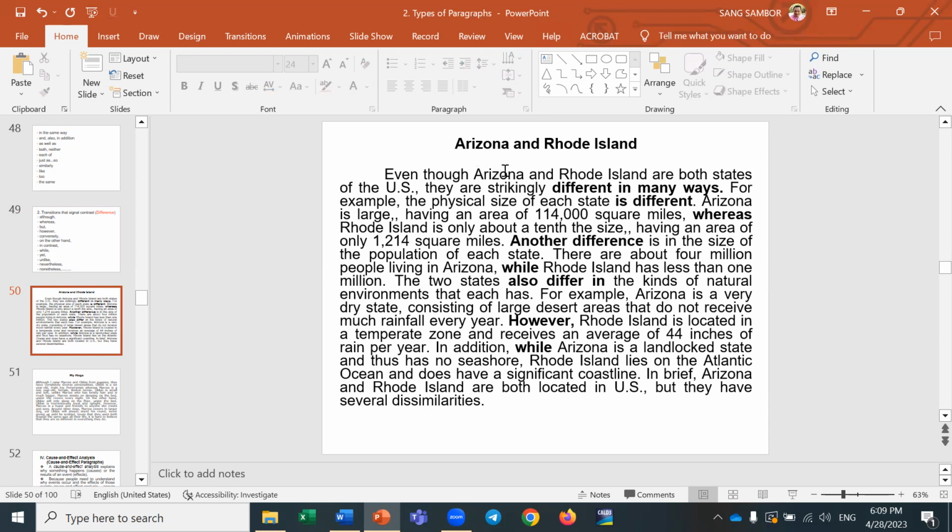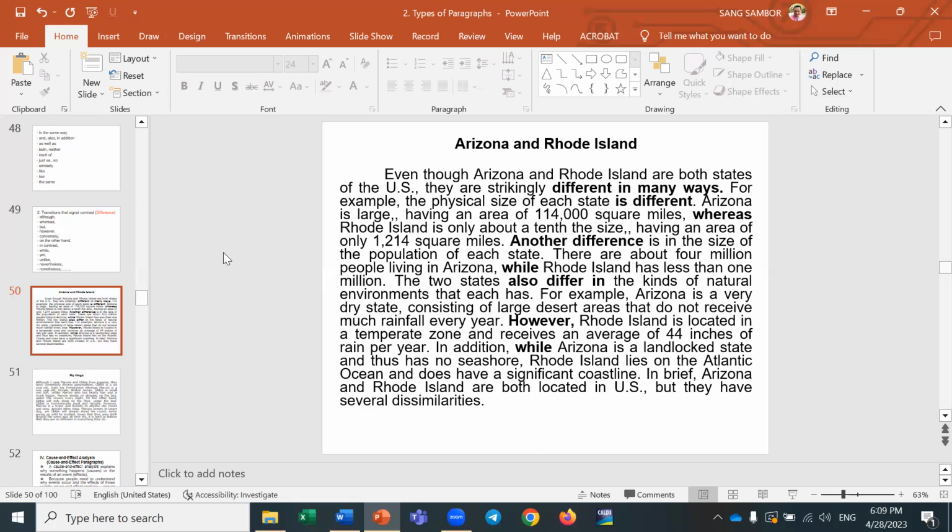Even though Arizona and Rhode Island are both states of the US, they are strikingly different in many ways. You see some key terms there, everyone? Do you see some key terms there that help you to decide whether this paragraph is comparison, contrast, or both comparison and contrast?